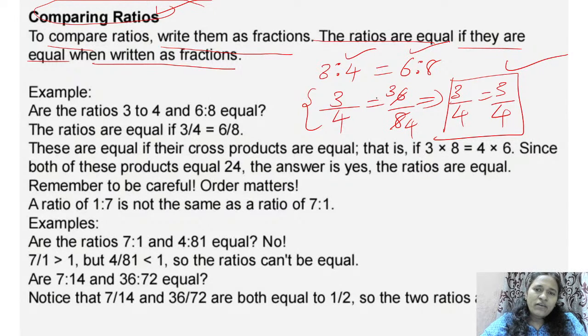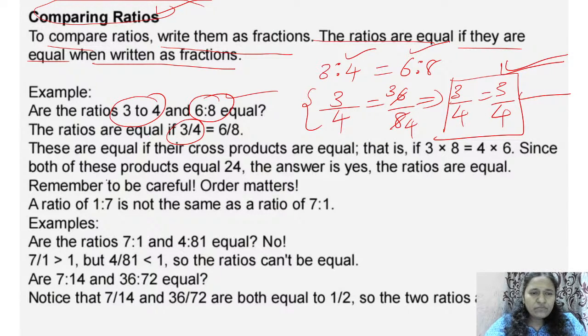Then we can come to know whether these two are equal or not. Here we are comparing the ratio of 3 and 4 and 6 and 8. We are getting the same result, so these two ratios are equal.